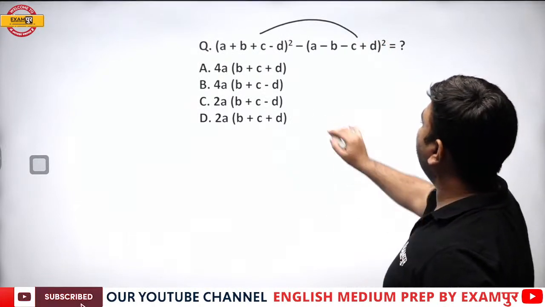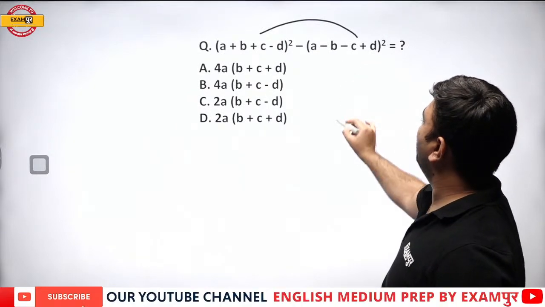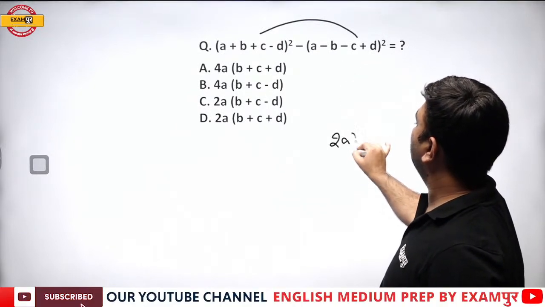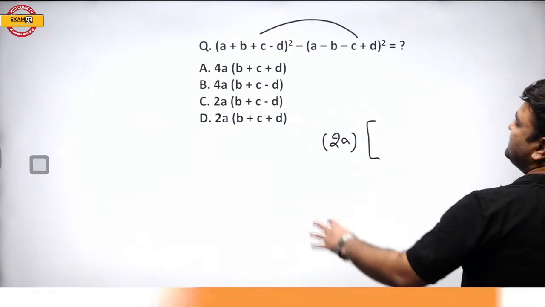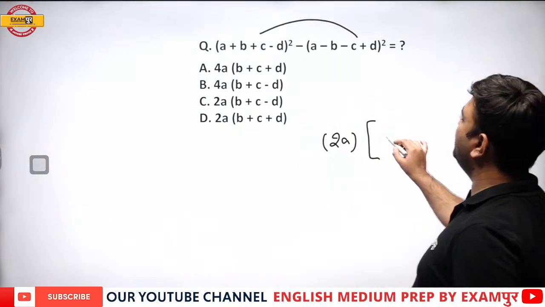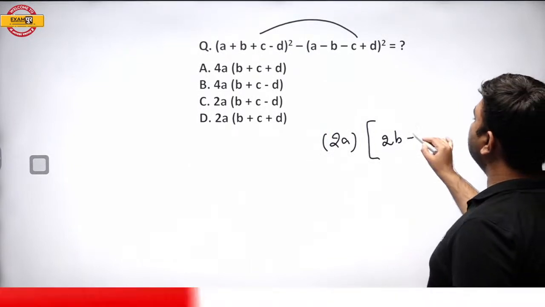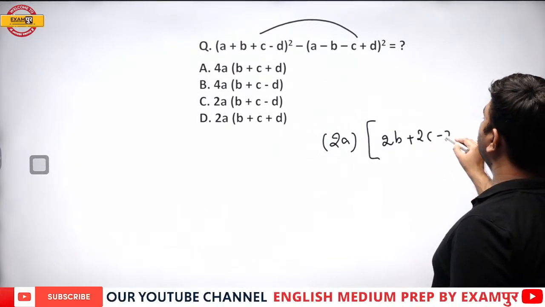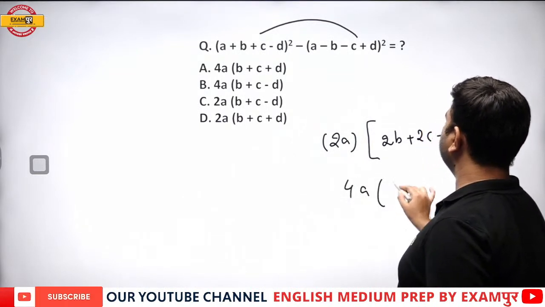In the sum, only opposite sign, only a will remain, 2a. And in the difference, guys, same opposite signs will remain. So it is 2b, 2c minus 2d. 2 will come outside, 4a, b plus c minus d.